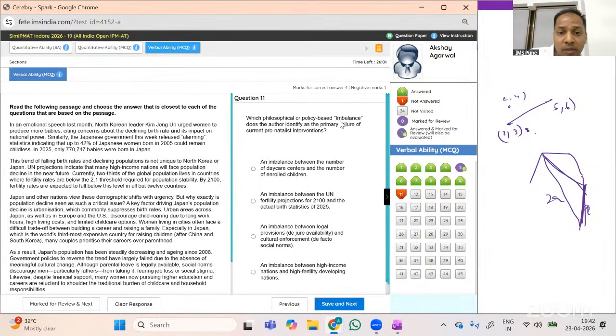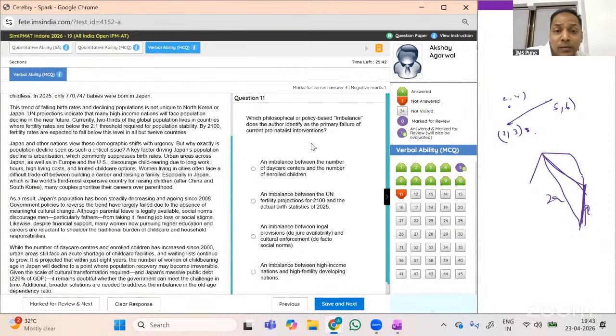Which philosophical or policy-based imbalance does the author identify as the primary failure of current pro-natalist interventions? I think I'd seen the word somewhere.